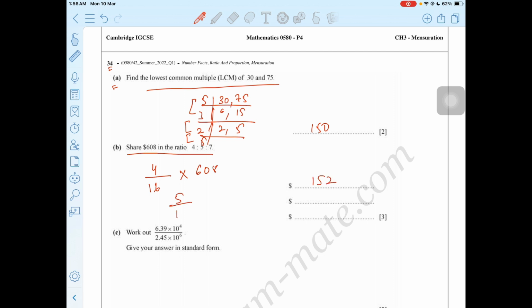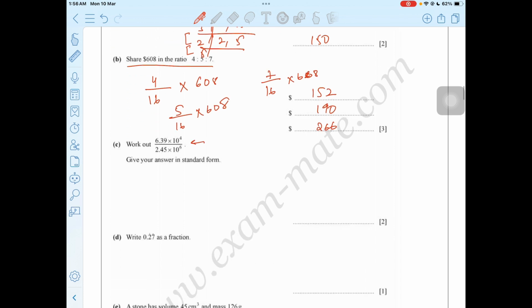Then 5 over 16 multiplied by 608, that would be 190, right? So this would be 7, this would be 266, right?